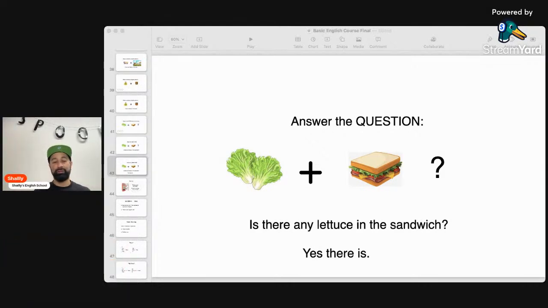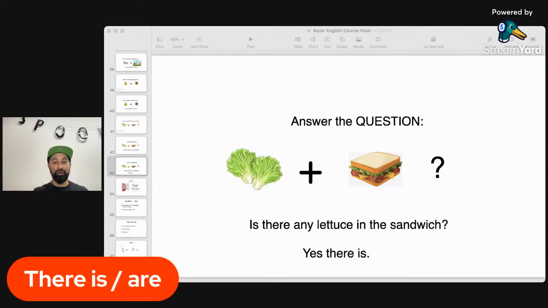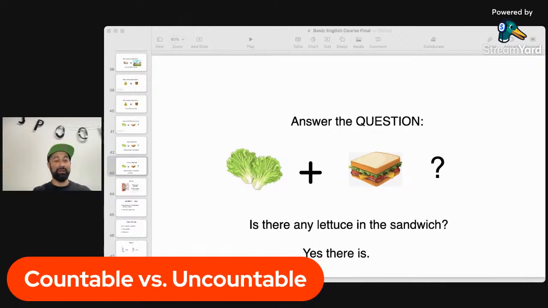Yes, there is. Perfect. Today we're focusing on making sentences using there is and there are. And we're really looking at the difference between countable and uncountable. Now, remember the trick, if it's in your hand and you can count it, then that's generally going to be a countable noun. But if you're unable to count it when it's in your hand, it's going to be uncountable, right?